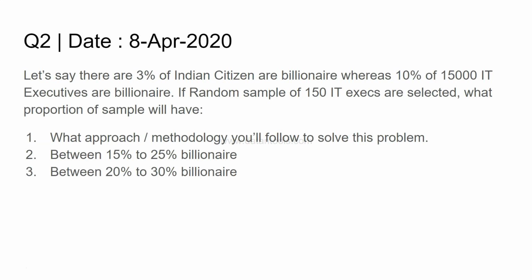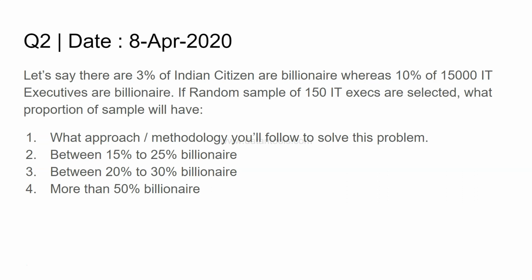If you have already solved question number 2, you will be able to easily solve question number 3. Between 15% to 25% billionaires is question number 2, and question number 3 is between 20% to 30% billionaires. The next question is more than 50% billionaires. What proportion of the sample will have more than 50% billionaires?